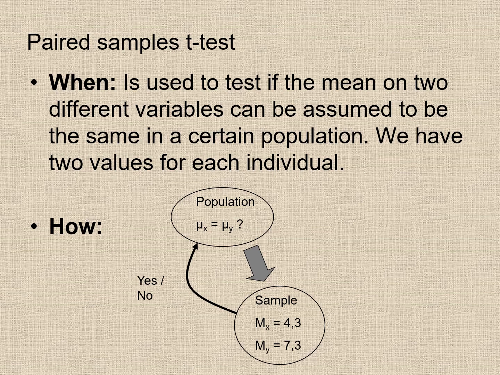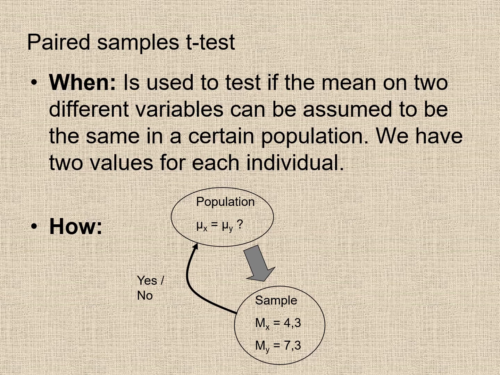But that doesn't sound like a very interesting analysis. So usually this analysis is used only if the two variables have been measured on the same scale, so both in kilos, or both in centimeters, or something like that.